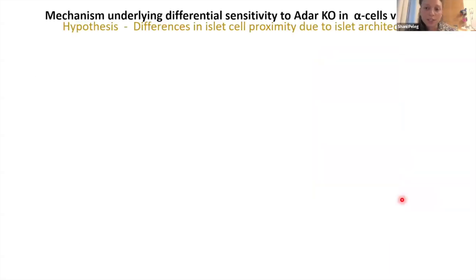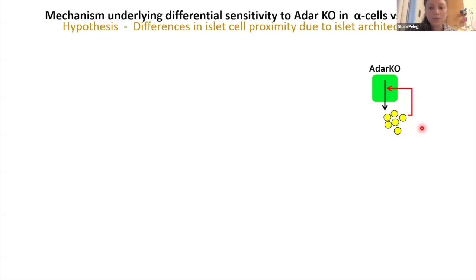So for this hypothesis, it's important to understand that the interferon response is dependent upon a positive feedback loop. So we have here an ADAR-deficient cell, and it will begin to secrete type 1 interferons. These type 1 interferons will bind to other cells in the area. And if the cell is ADAR-deficient, it will produce more type 1 interferons, which will bind to more receptors, which will lead to more expression and secretion of type 1 interferons, et cetera.